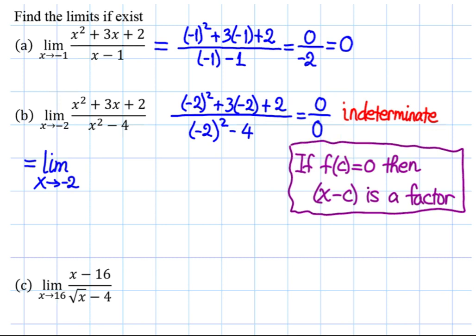So go back to our problem. Because the top equal to 0 when we put x equal to -2, so it has to have x minus -2 as a factor according to that theorem. x minus -2, I just write x plus 2.